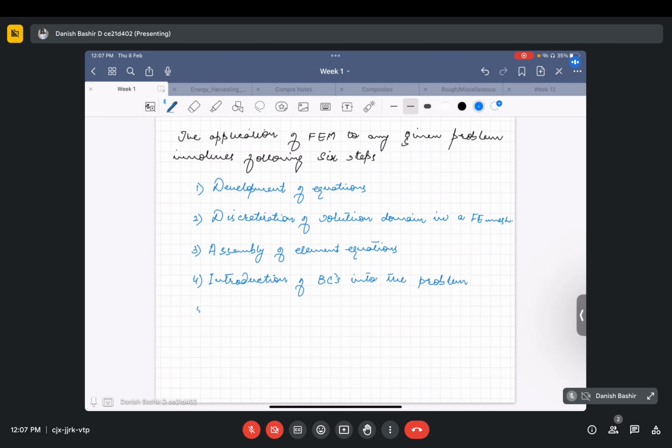Okay, and the fifth step is the solution of the nodal unknowns. We assume some unknowns in the element equations, then we obtain the solutions to those nodal unknowns.